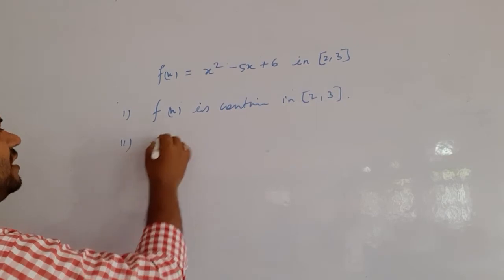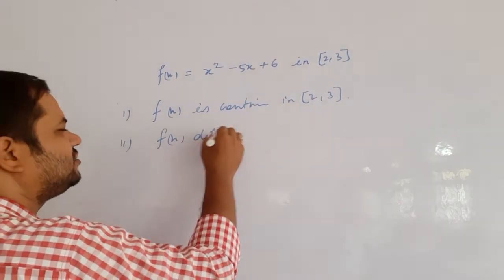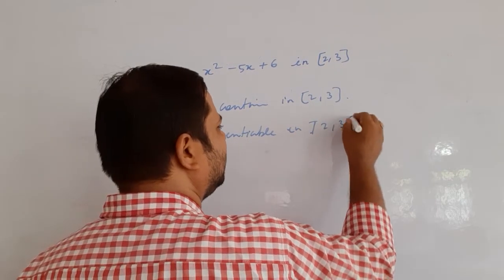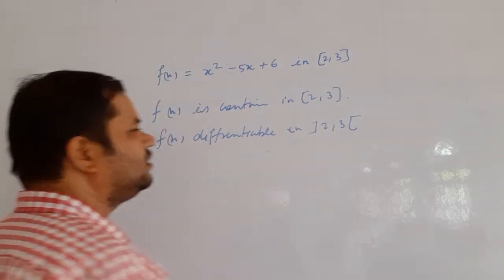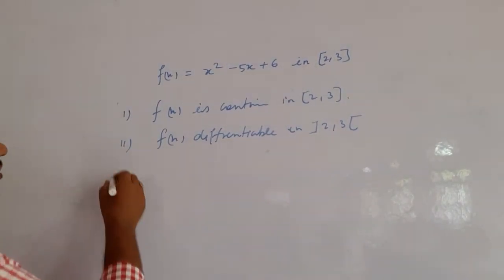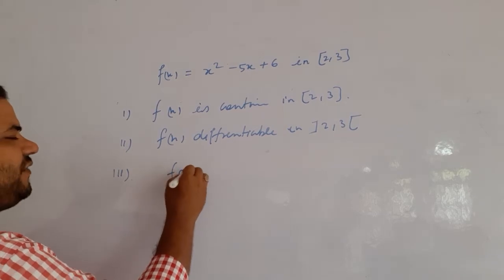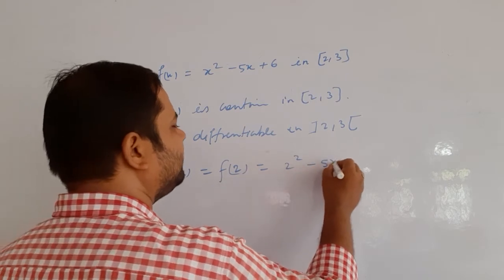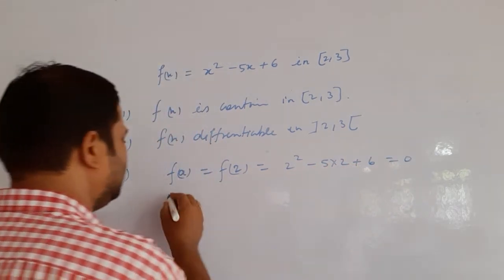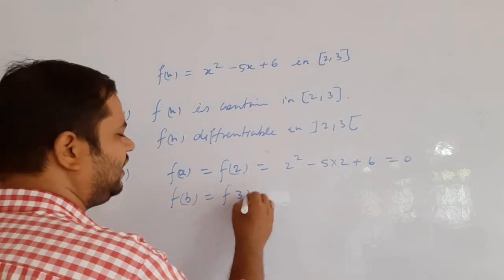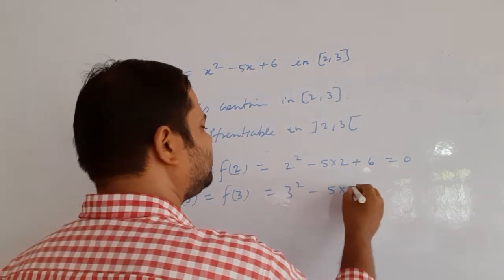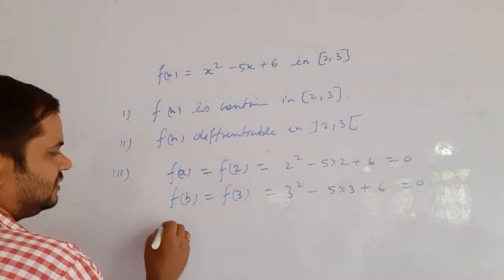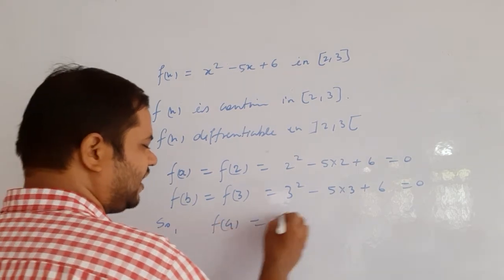And also second thing, f(x) is differentiable in open interval (2, 3). Now third one is f(a) that is f(2) is equal to 2 square minus 5 into 2 plus 6, this is 0. f(b), this is f(3), 3 square minus 5 into 3 plus 6 is equal to 0. So we see f(a) is equal to f(b).